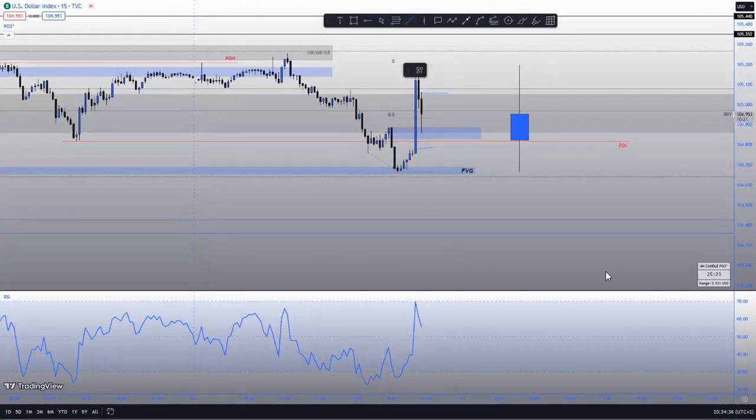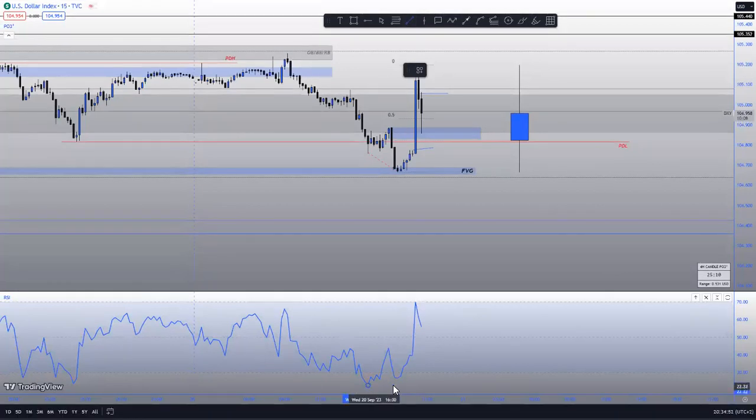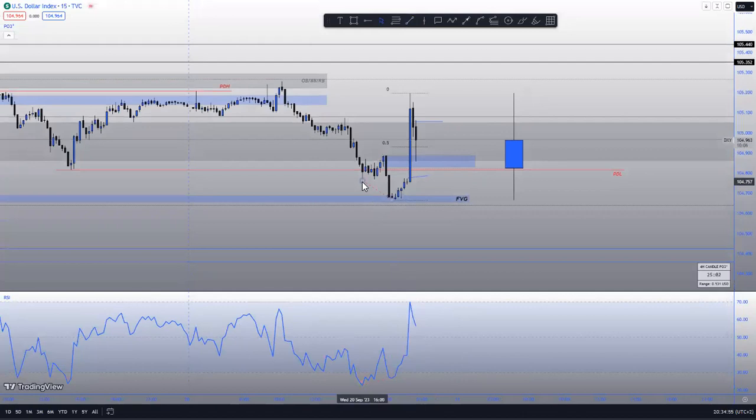So let me hide this thing as it's disturbing me. So if you look here, price is not symmetrical, right? Look here, making a lower low, but this one is making a lower high, right?